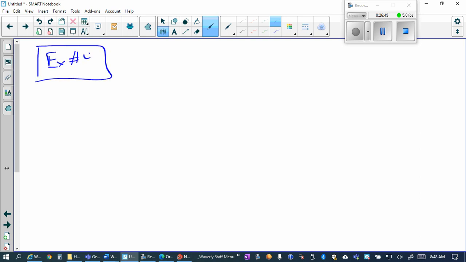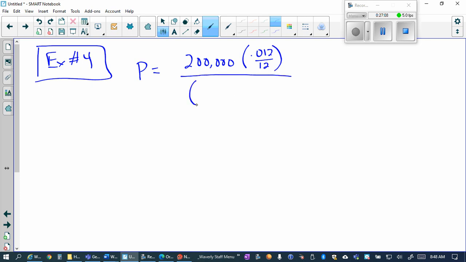Let me write the formula. Okay. So he wants the following here. The amount of this monthly payment. He wants 200,000 times 0.012 divided by 12, right? All over 1 plus 1/2 over 12.